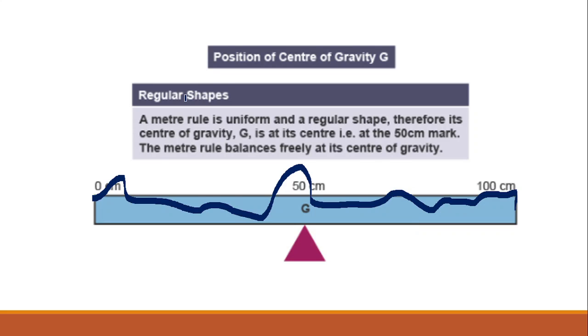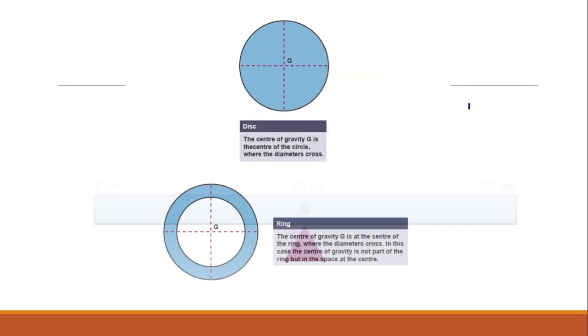So it's important to know that we are right now talking about regular shapes. Regular shapes have symmetry marks that we can use in order to find their center of mass. Now, if we're talking about a disk, a plate, a circular disk, the center of gravity is the center of the circle where the diameters cross.